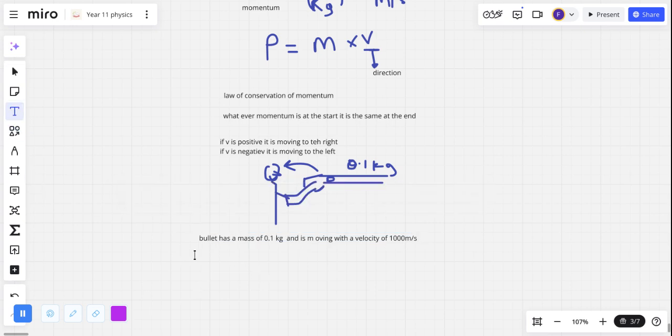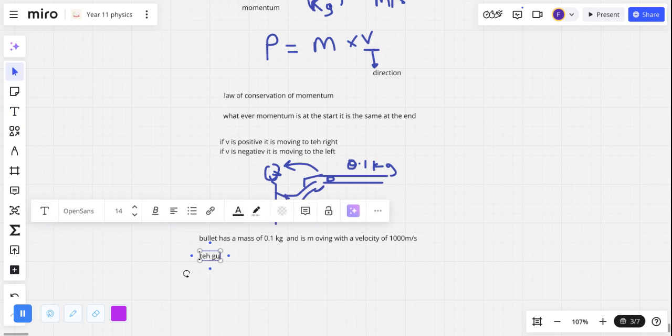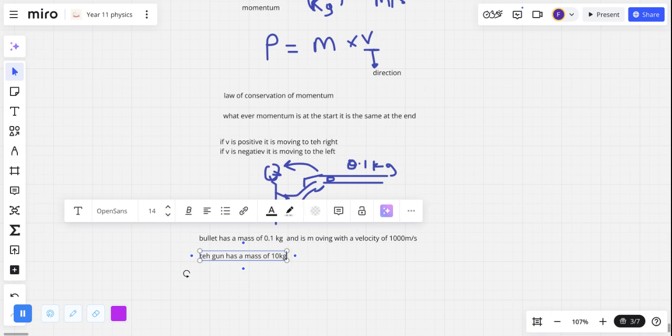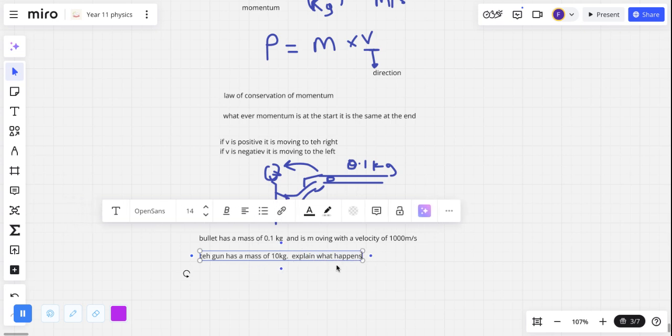So there's two bits of information given. I'm going to read the third one. The gun has a mass of 10 kilograms. All right. Explain what happens. Okay.